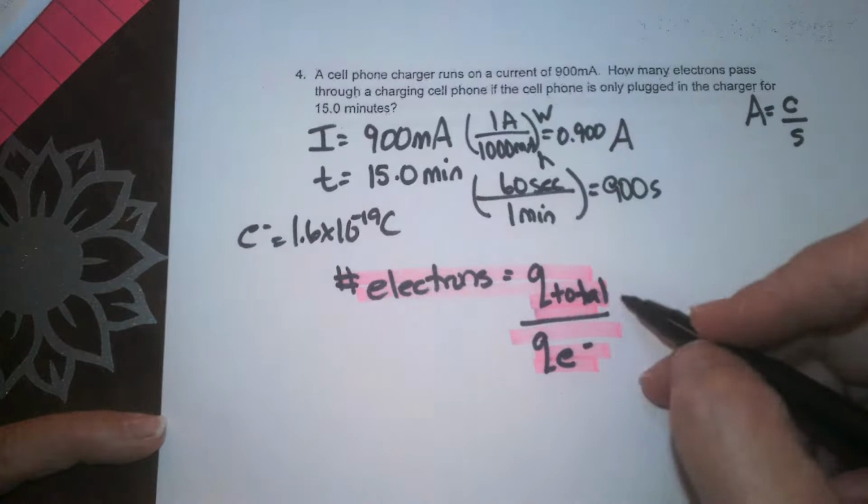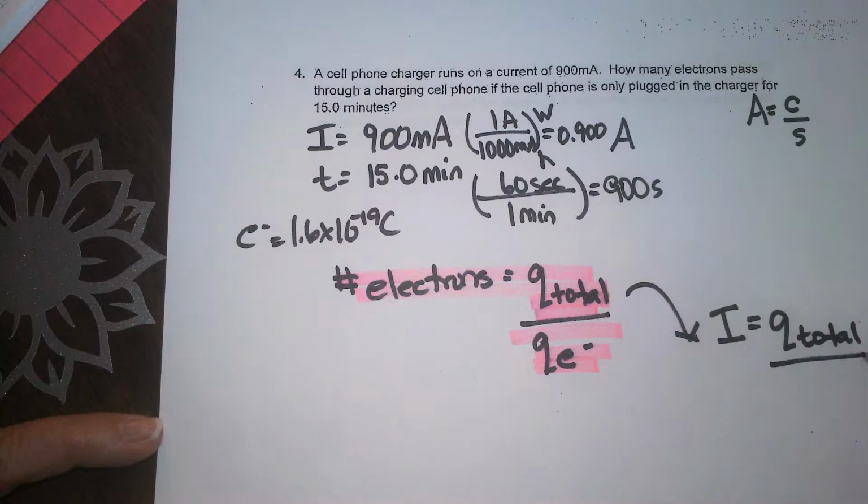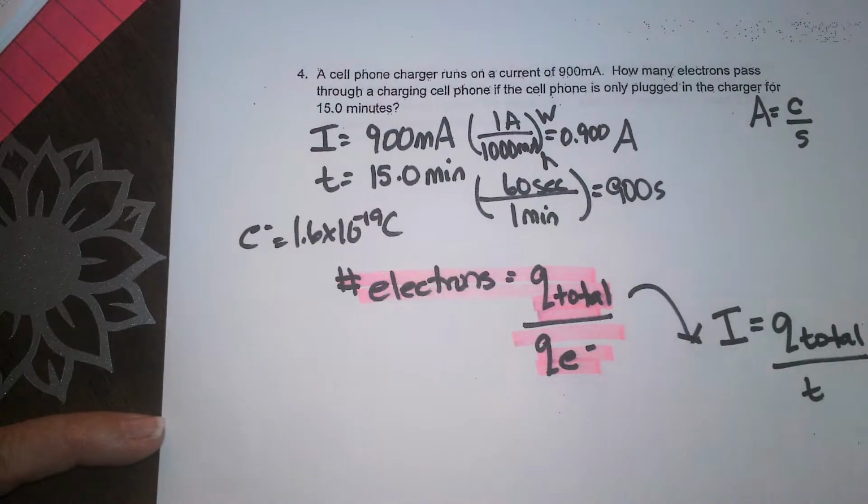But I don't know my total charge. How do I find my total charge? With current, because current is always Q total over time.